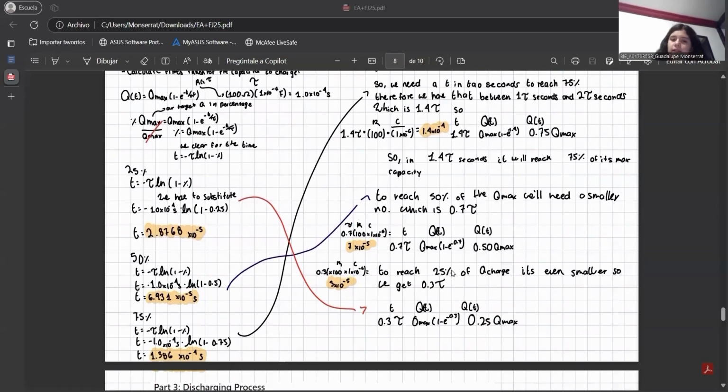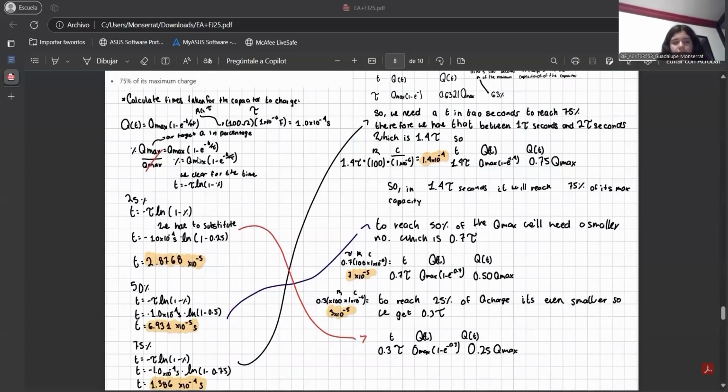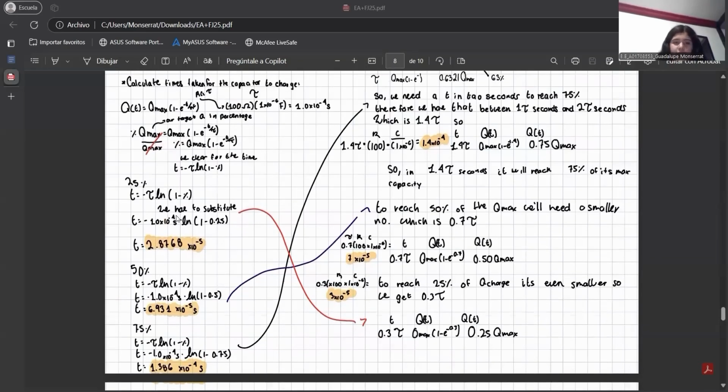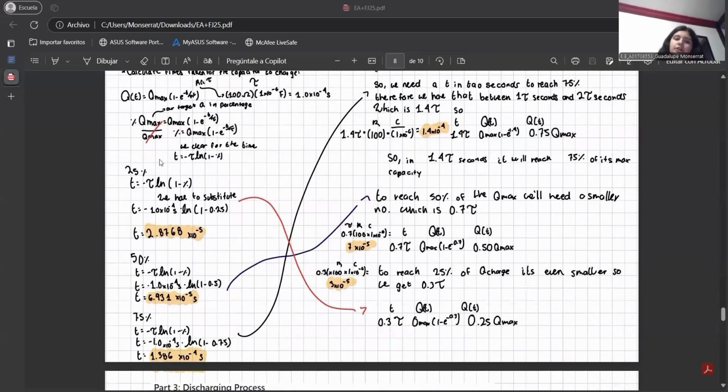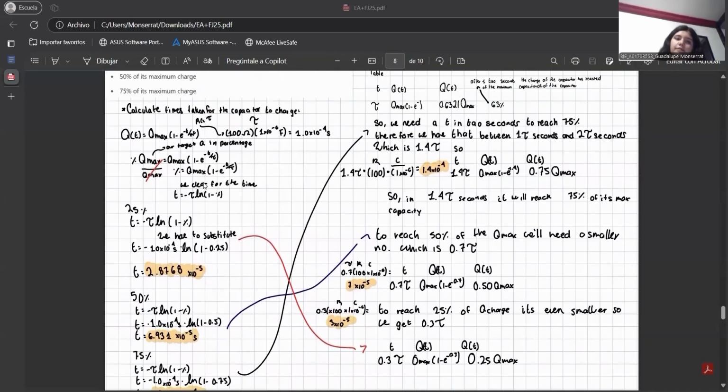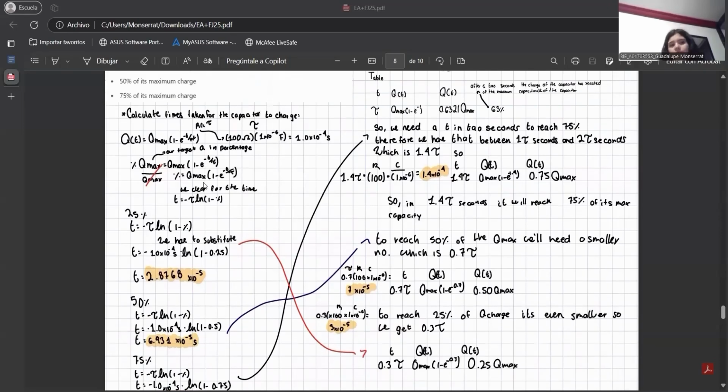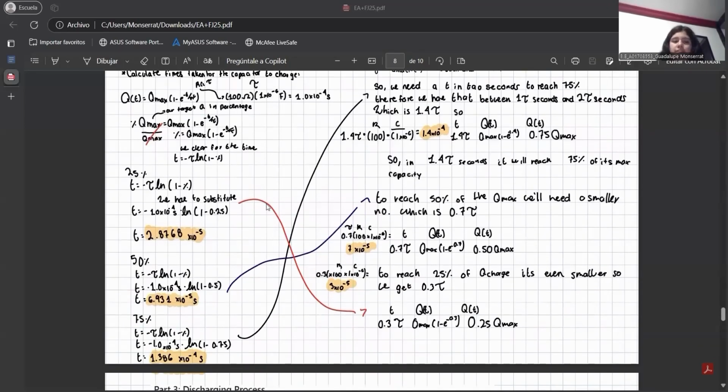And finally, for the 25%, we will also cancel it by multiplying by RC, and we have 3 times 10 to the minus 5 power. For this other reasoning, we're just solving for t, and we're getting more exact values for the maximum charge at those percentages.